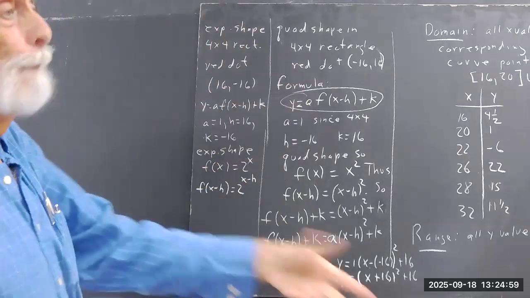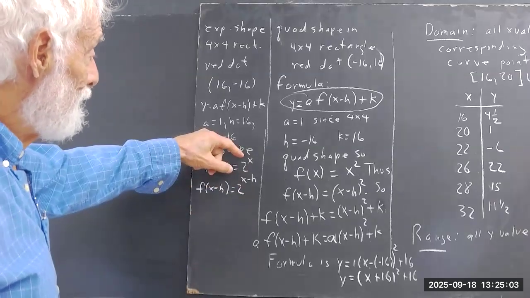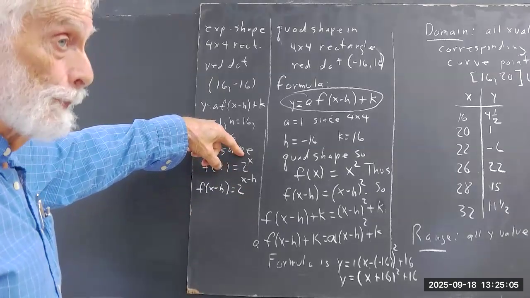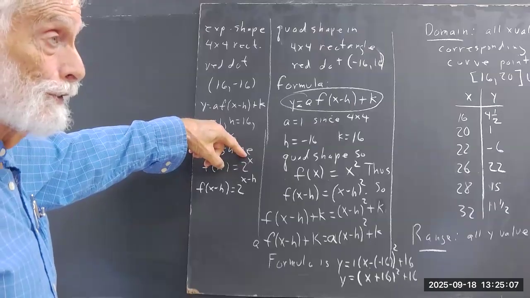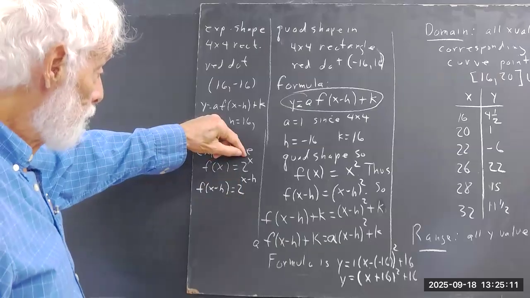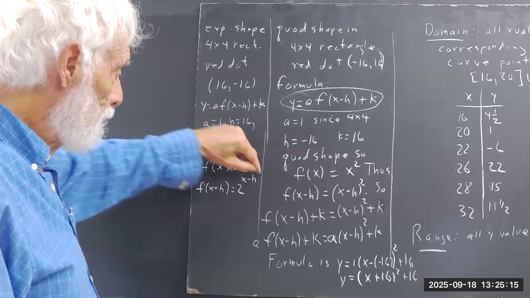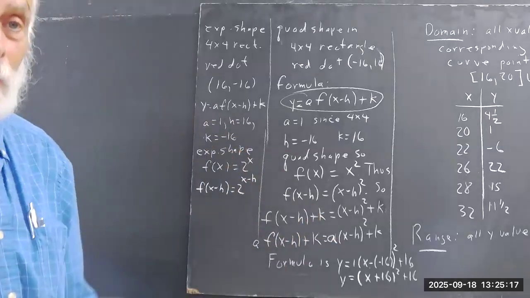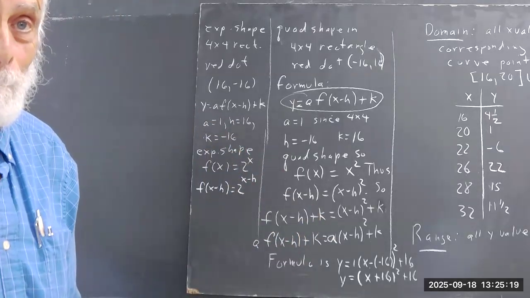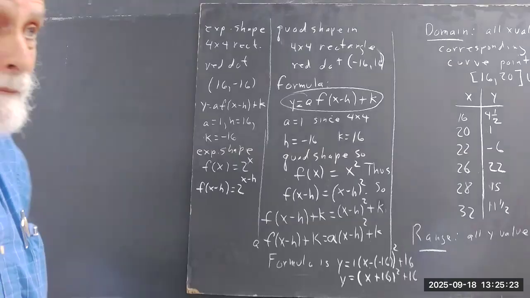Not 2 to the x, minus h. The whole x minus h is in the exponent because x is in the exponent here. If you replace x by x minus h, x minus h will be the exponent. Okay? All that makes sense?